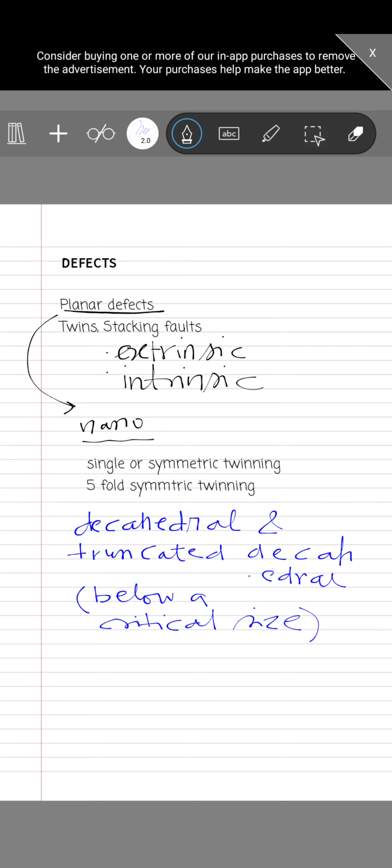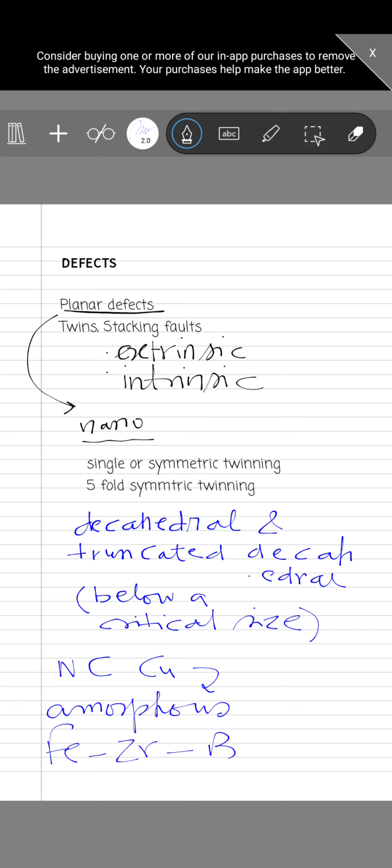It has been found that nanotwins can be seen in nanocrystalline copper particles that are embedded in an amorphous alloy, say a FeZrB alloy.